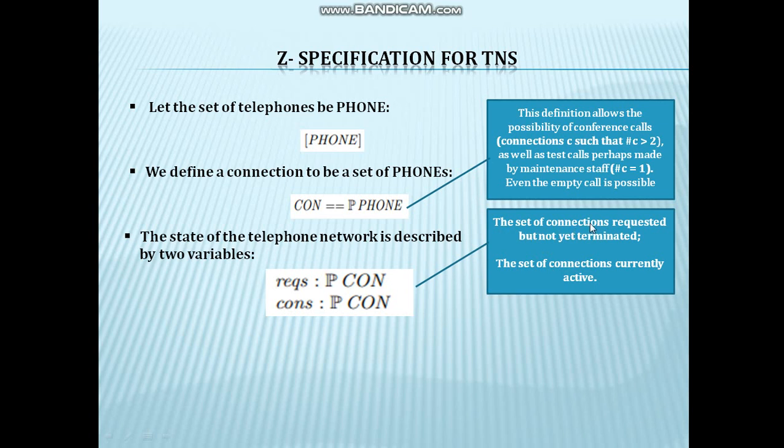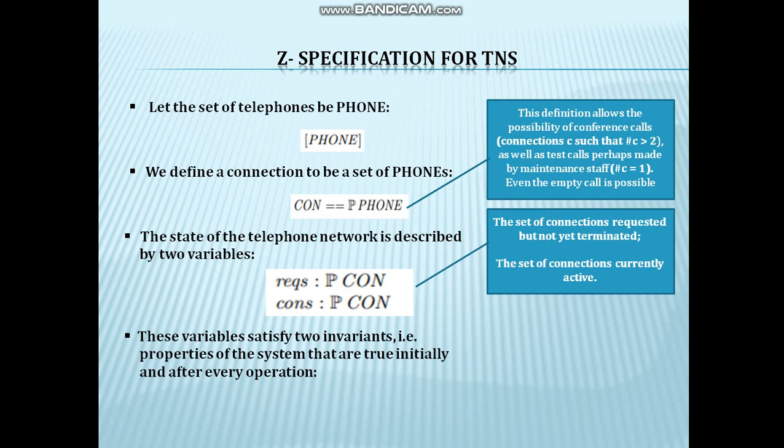The request variable represents the set of connections which are requested but not yet terminated, and cons represents the set of connections currently active. These are the two state variables for our system.